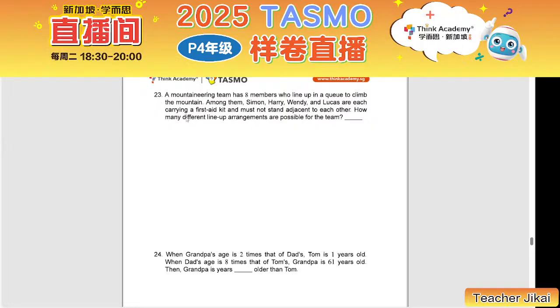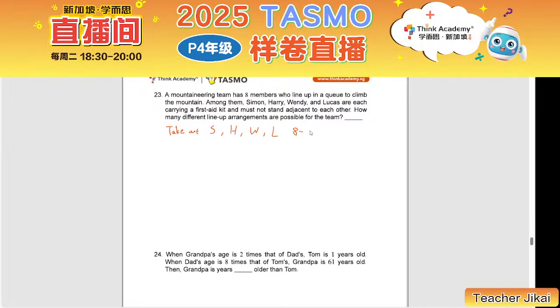We can just make them go out and insert them into the queue again, right? So then we can make sure they are not adjacent. So first, we take out Simon, Harry, Wendy, and Lucas.